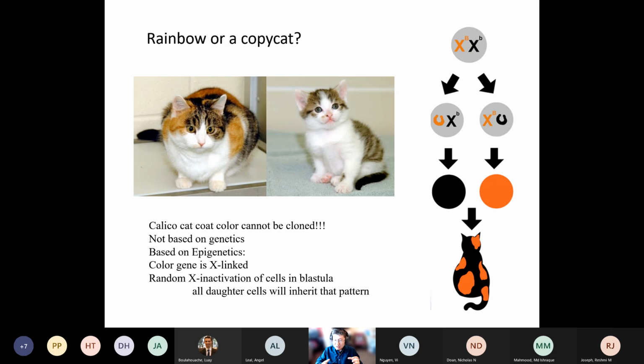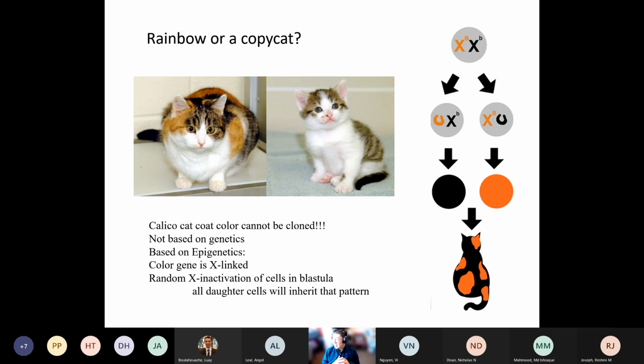When you have a chimera, you can observe it immediately because the coat will have patches, right? That's because of DNA sequence. But in this particular case, the color pattern is not encoded by DNA sequence. Of course, the gene for the color is encoded by DNA sequence, but the pattern itself, the combination of the color, is not determined by DNA sequence.